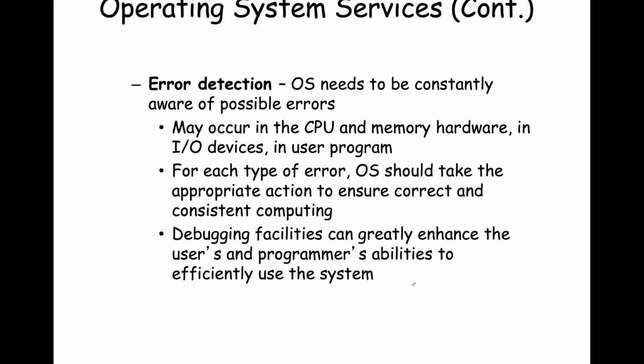Now, for different types of errors, the operating system should take different actions to try to correct or eliminate the problem. There is also support for debugging, the crafting of programs, and operating systems provide facilities that facilitate your efficient use and error-free use of the system.